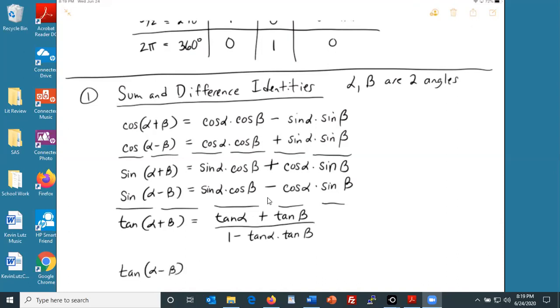And then when you do the difference, the plus and the minus in this equation changes to minus and plus. So we get the tangent of alpha minus the tangent of beta all over 1 plus tangent of alpha times tangent of beta.